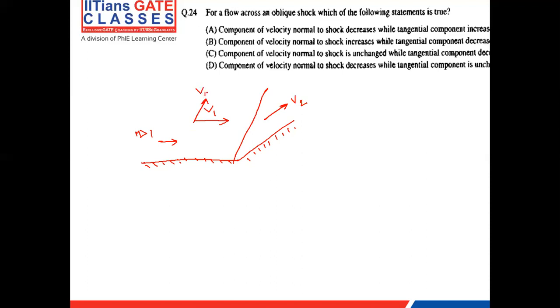This is the tangential component of incoming flow, and this is the normal component to the oblique shock for the incoming flow.